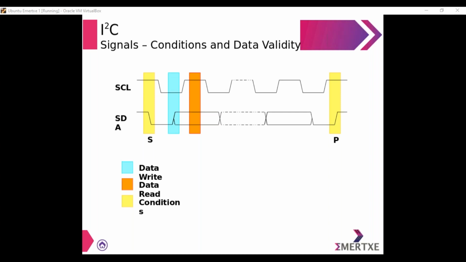Again and again, it is always the masters who initiate the communication. So masters should come and check whether the data line is giving a 1 or a 0. Depending on that, it has to decide to take the action.